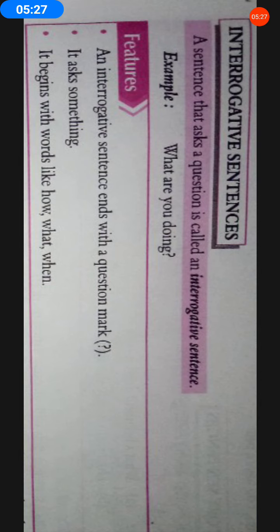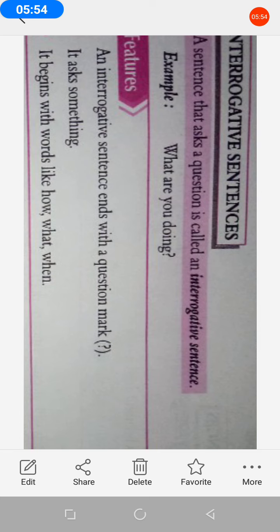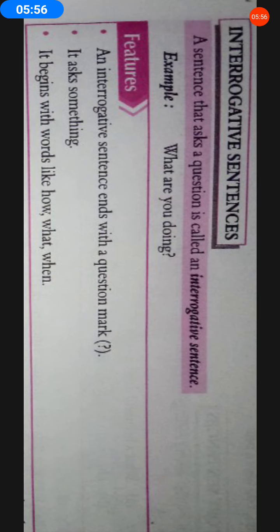This is a question-asking sentence which begins with a WH word and ends with what punctuation mark? Yes, with the question mark. Now let us know the features of an interrogative sentence. An interrogative sentence ends with a question mark. It asks something. It begins with words like how, what, when.